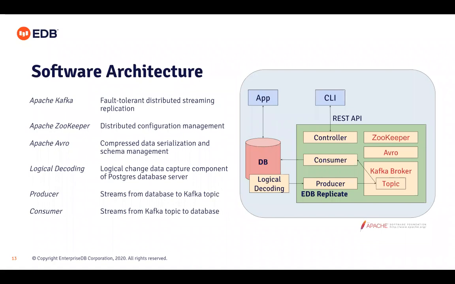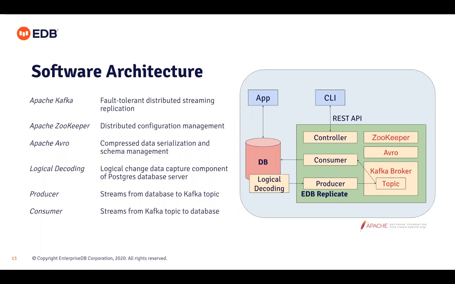A topic is one of these things that you can subscribe or publish to. So when we talk about that in terms of how replication works, we can create a topic that's related to a set of tables we want to watch for changes in a database and replicate to the other databases that are participating in this replication network.